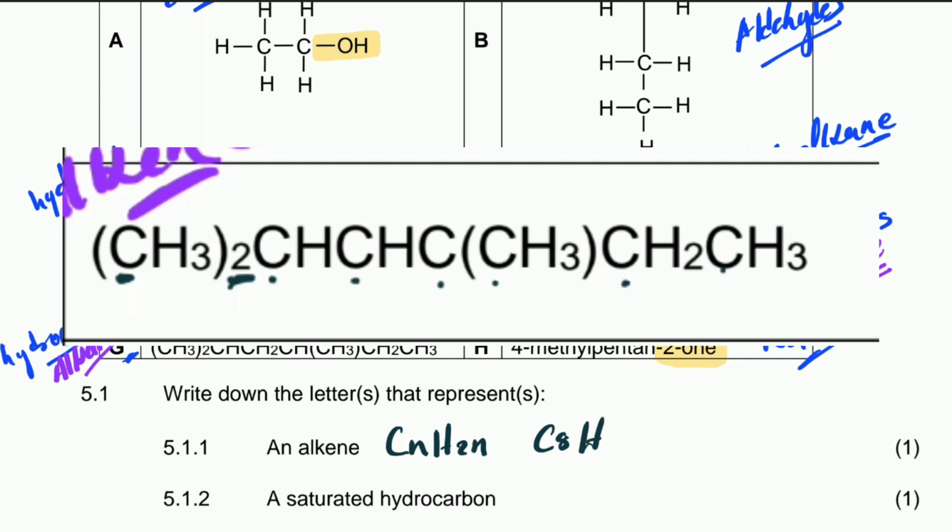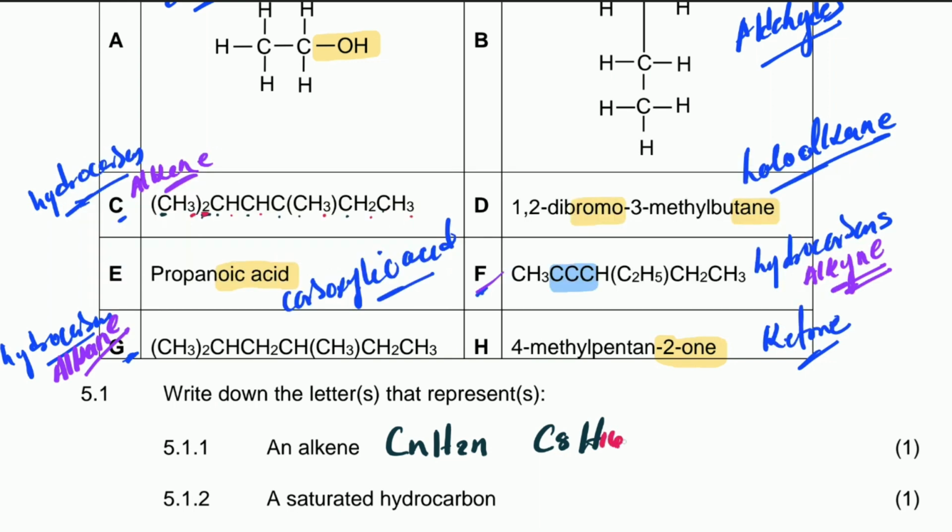H, let's see how many we have here. So let's count the hydrogens. We have 3 times 2 is 6. So 6, 7, 8, 9, 10, 11, 12, 13, 14, 15, and 16. So we have 16 hydrogens there.